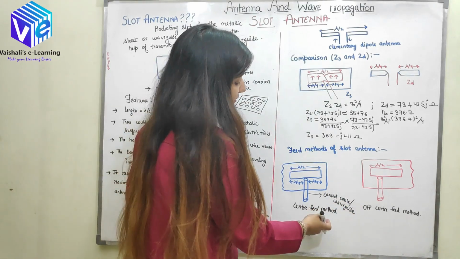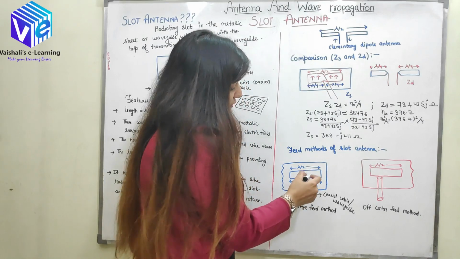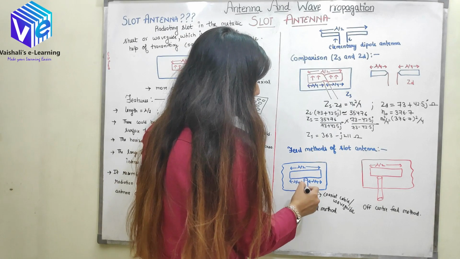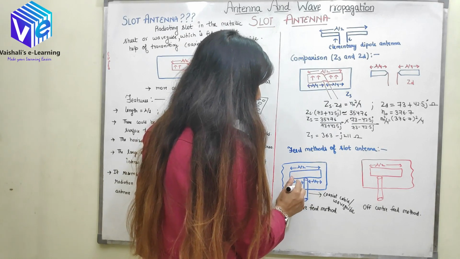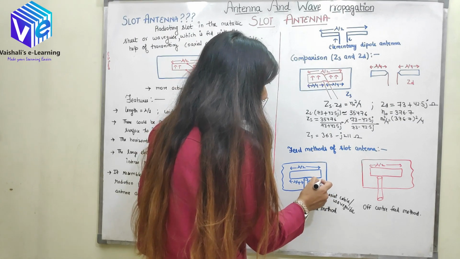For center feed method, my feed should be at the center of the slot. If my slot is of lambda by 2 length, the feed is supplied at lambda by 4 length from this end, similarly lambda by 4 length from this end.